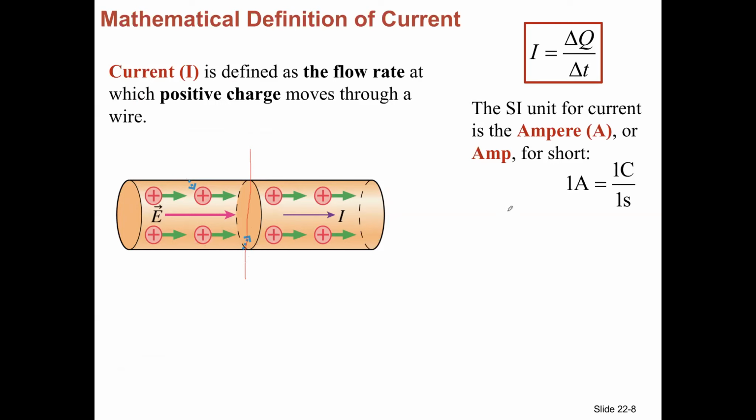If we then take that ratio, that will give us the current, represented here as I. So if we pretend the positive charges move, the current moves in the same direction as the electric field, or equivalently from the higher voltage or higher potential energy to the lower potential energy.